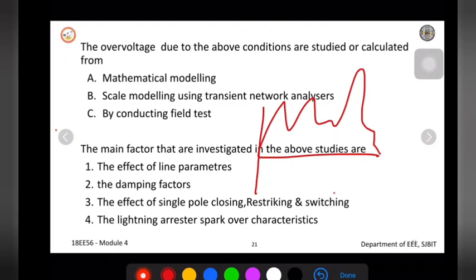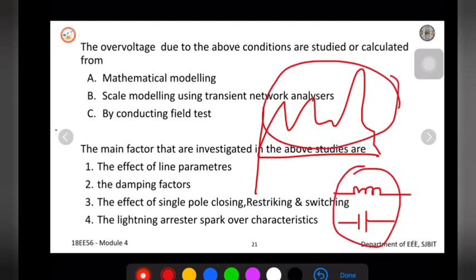If you connect a shunt reactor, or a series capacitor, whether this magnitude will vary or not, how it will vary, the magnitude as well as the duration, at what time it will settle down. So that investigation will be done over here. That is the first one.